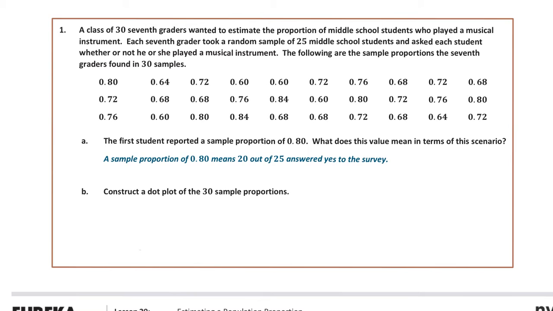B says construct a dot plot of 30 sample proportions. So just like the other day in class, we constructed a dot plot. We first want to find the lowest value that we have from our samples. So let's look around to see what that may be. Alright, I see that 60 hundredths is about the lowest from this dot plot, so let's work with that. And let's try to find the highest value now.